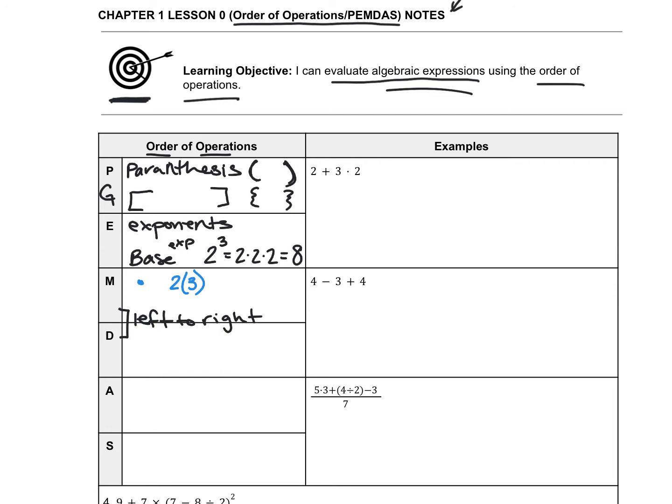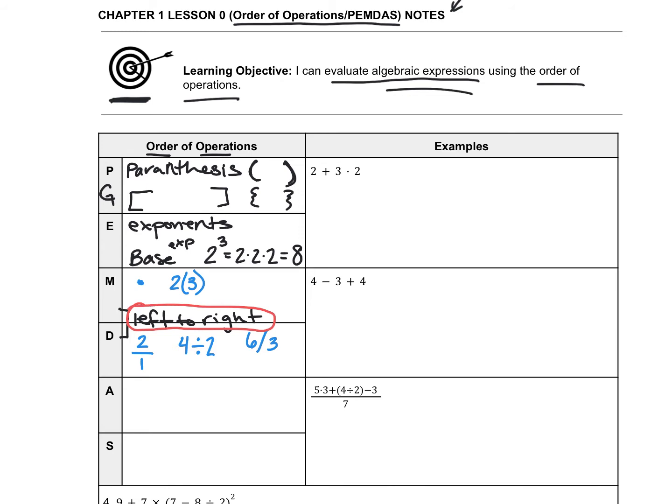We don't necessarily use the X very much anymore, so it's going to look more like that. Division could be a number over another number, or it might be a number with the division symbol. Occasionally you might even see that backslash like that. But again, that is left to right in that order.